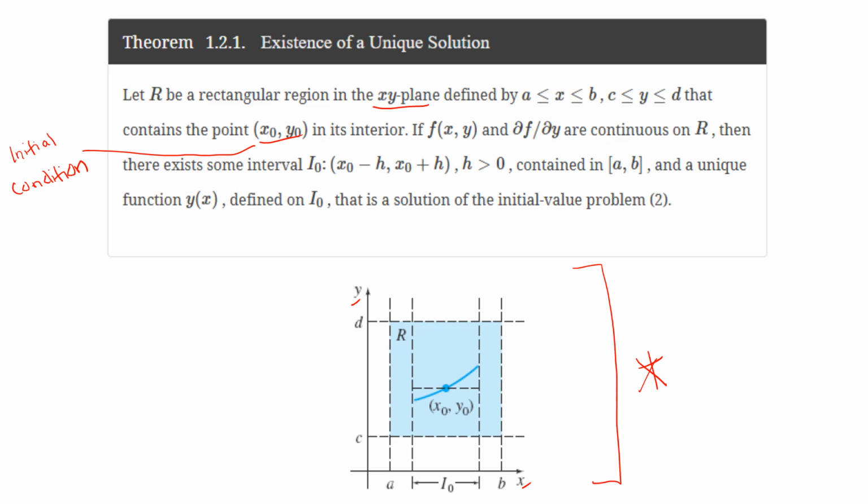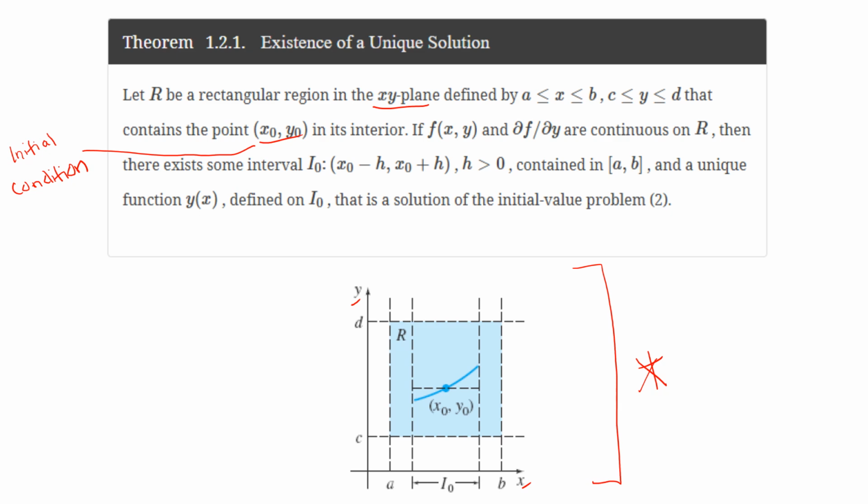Okay, all right. If f of x, y and the partial of f over the partial y are continuous on R, that means we have a function and the partial of that function are continuous, meaning there is no discontinuity. Then there exists some interval, all right?